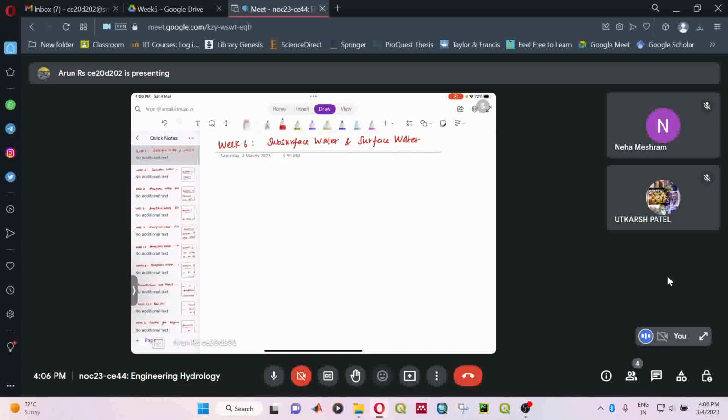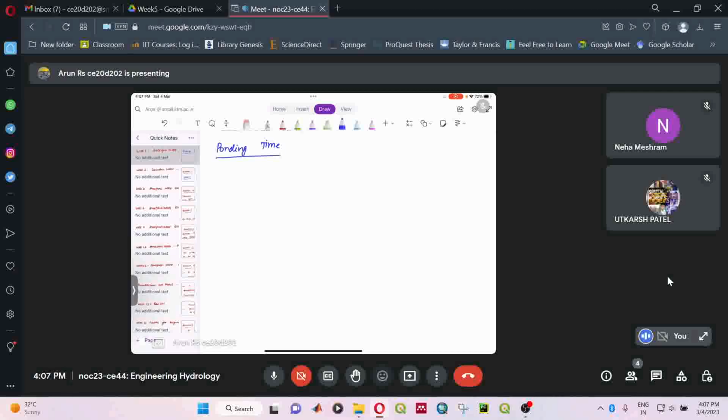Before going into the problem, we'll brush up on what the ponding time is. Ponding time is the time elapsed between the beginning of the rainfall and when the water begins to pond on the surface.